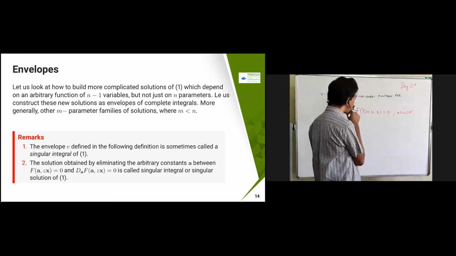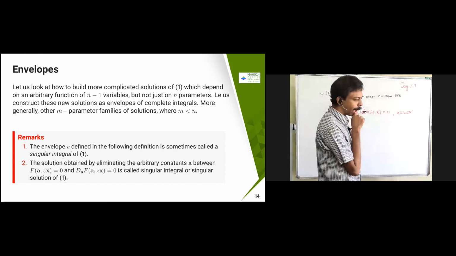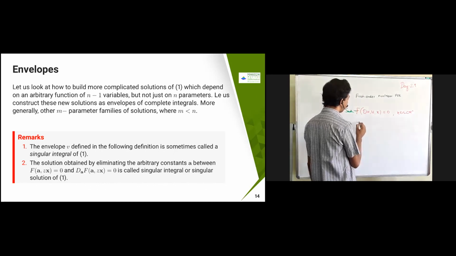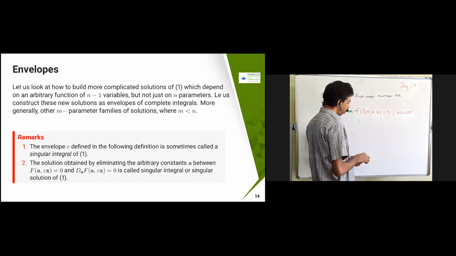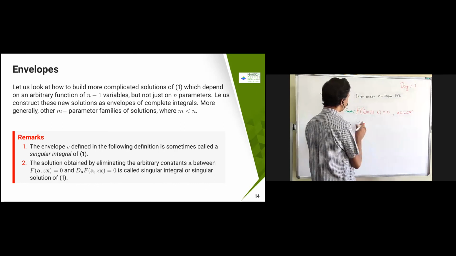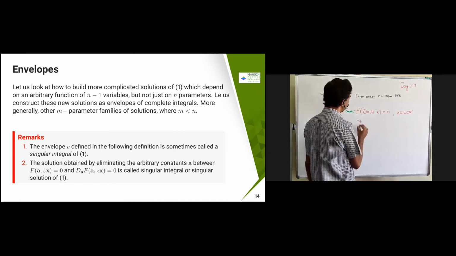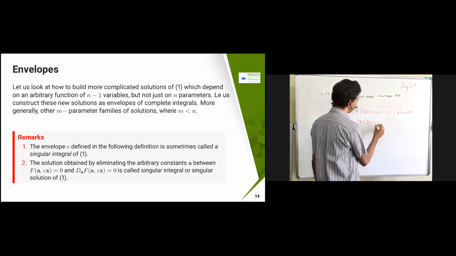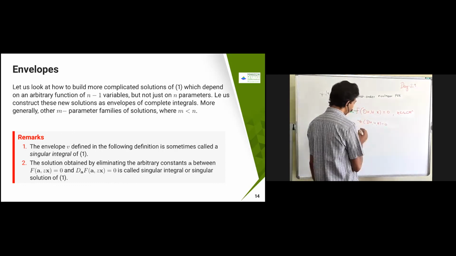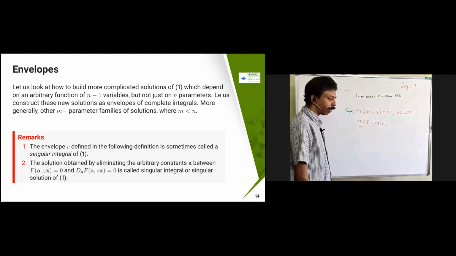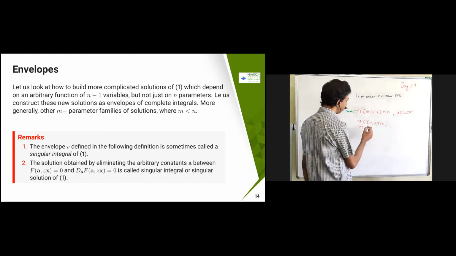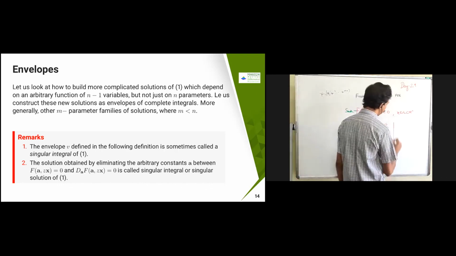So you have F of Du, u, x. From that, suppose I have found a family. Instead of Du, for example, I just take the two-dimensional case.